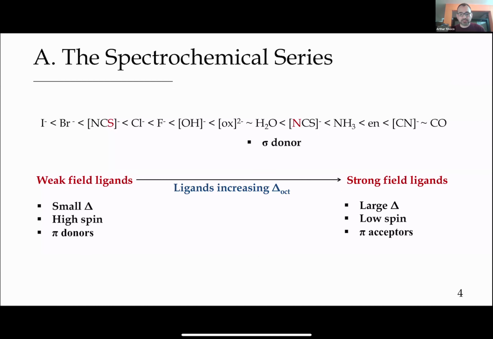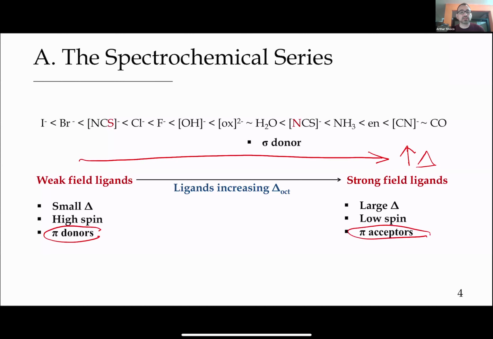Going left to right, the trend is that the magnitude of delta is increasing. And that has to do with the properties of the ligand, whether it has pi donor capability, and that's what you see to the left, or whether it has pi acceptor capability, that's what you see to the right, in terms of how it fine-tunes the magnitude of delta.